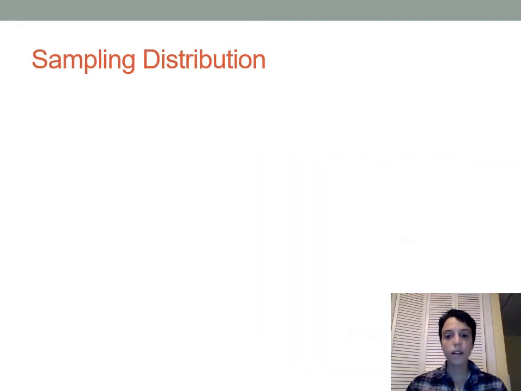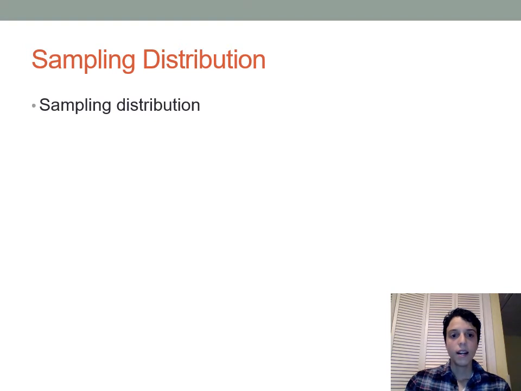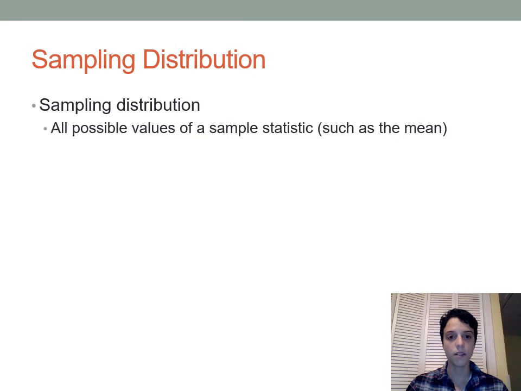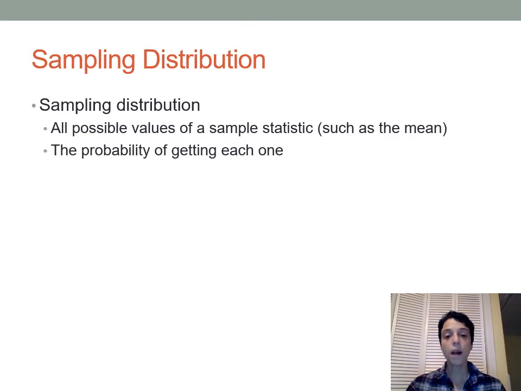And so with all of this, I want to bring you guys to the idea of something called a sampling distribution. And a sampling distribution is going to be similar to concepts we've had before, especially the probability distribution. But what a sampling distribution tells you is all possible values of some sample statistic, such as a sample mean, and the probability of getting each one.